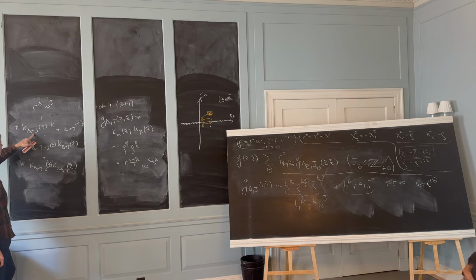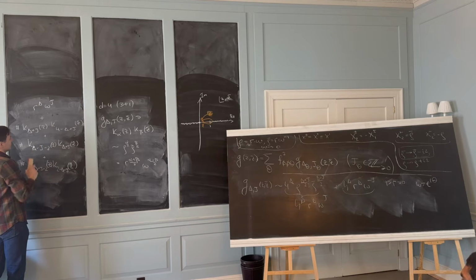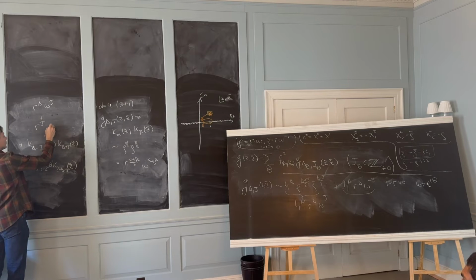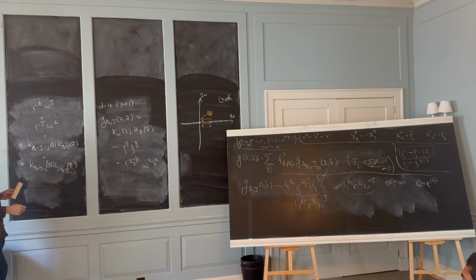This term is going to be r to the power j, because when you add this up, delta cancels, but then omega to the power delta. Now this term is going to be, again, r to the power delta, but omega to the power minus j.